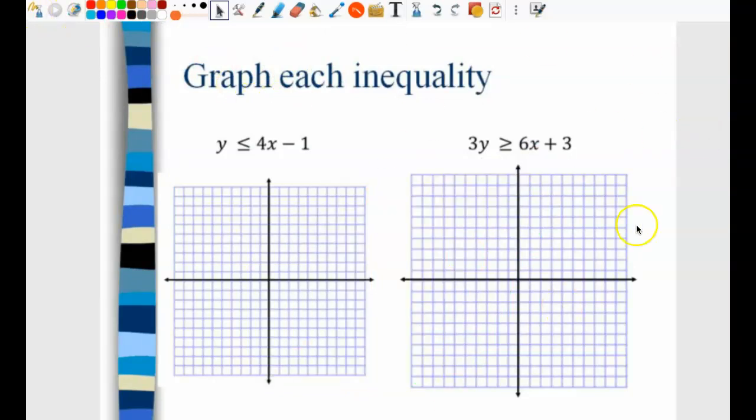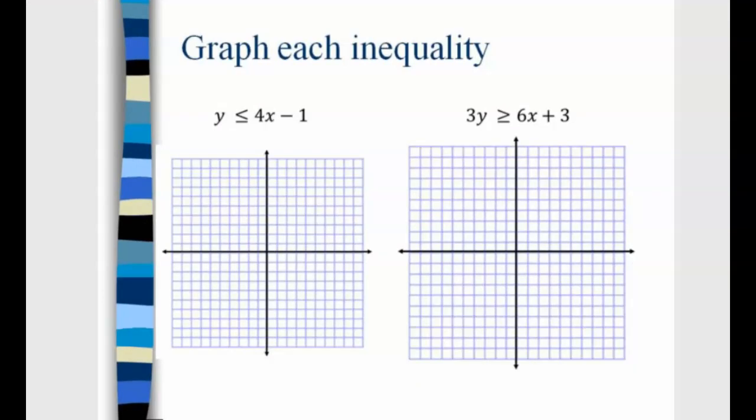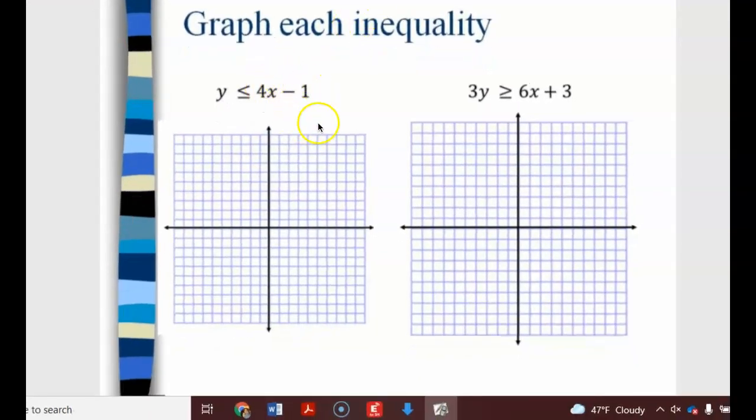Okay, so then what we're going to do is go back to lesson 2.8. We're going to practice graphing inequalities. So in order to graph an inequality, what you want to do is start with your y-intercept. So in this case, we're going to start our graph at -1.